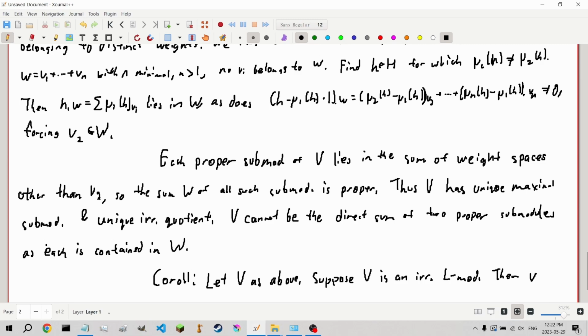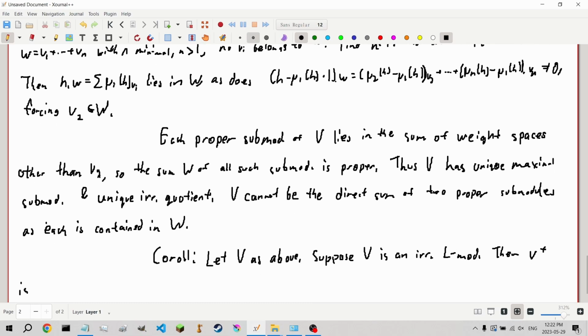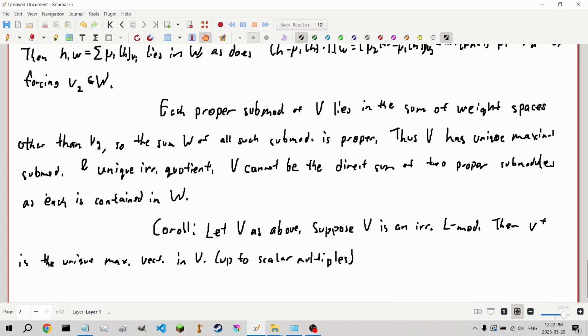Then our maximal vector V plus is the unique maximal vector in V, up to, of course, scalar multiples. Proof.